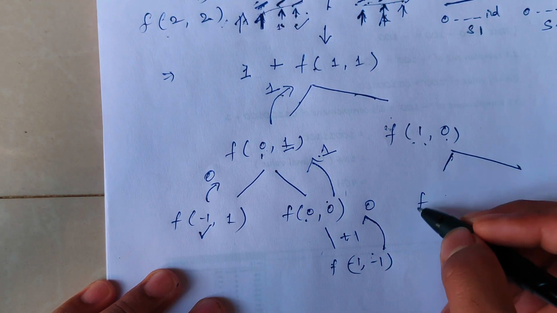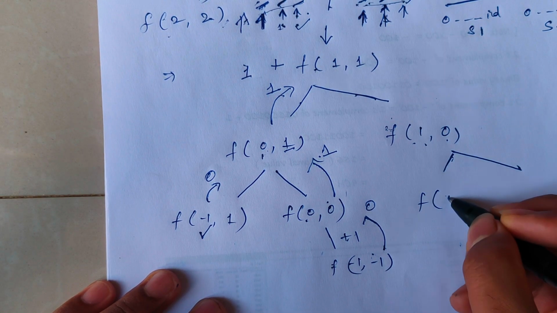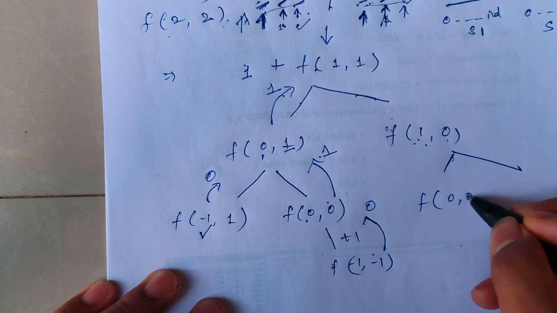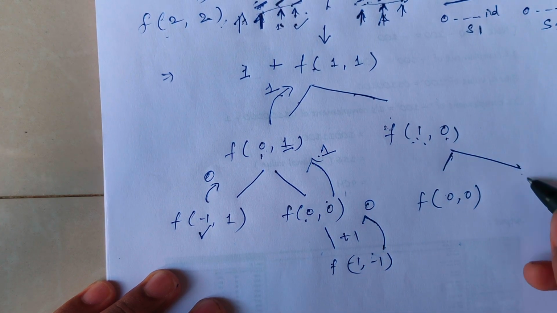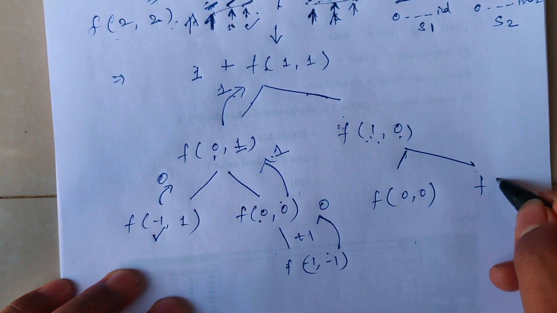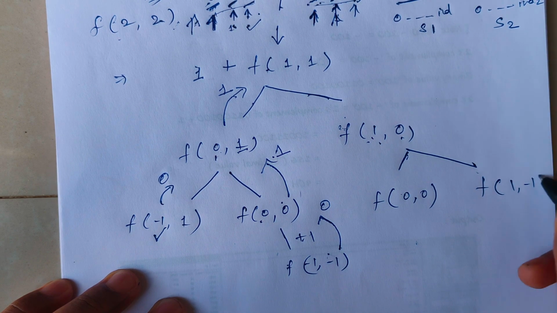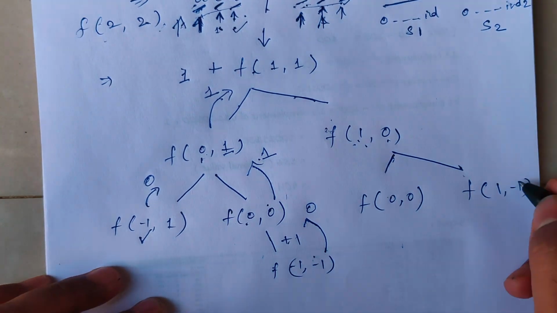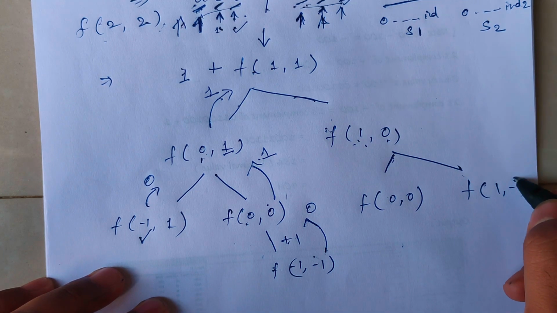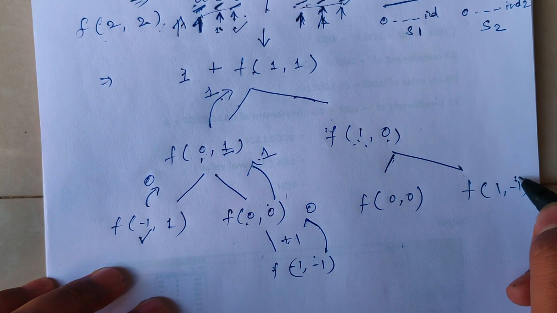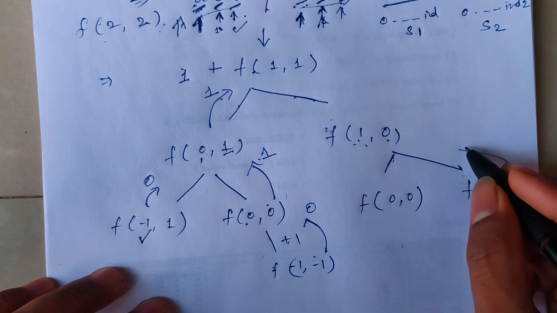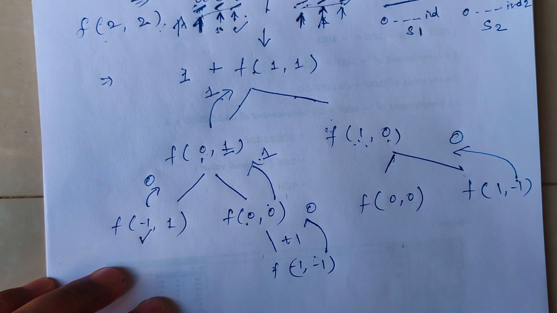Either shift the first pointer, so it would be 0, and keep the other as it is. Another could be f of 1 and minus 1. So what does minus 1 mean? The second string is vanished, so it would return 0.